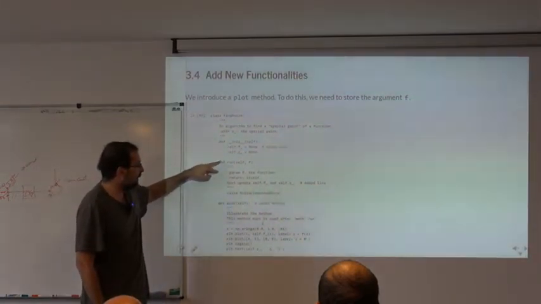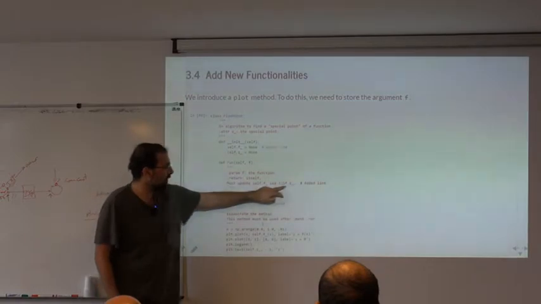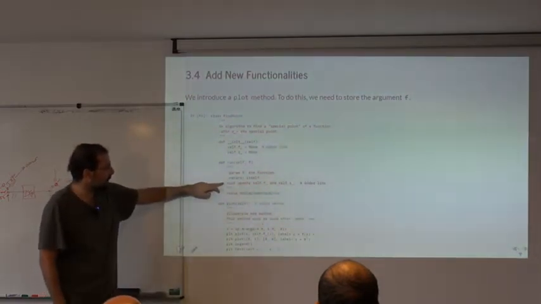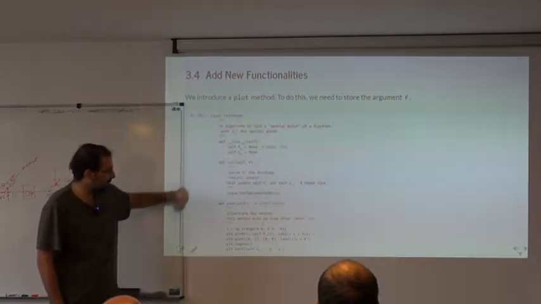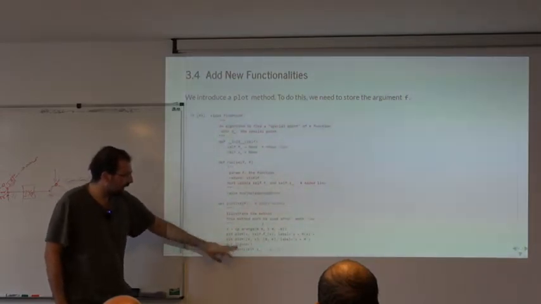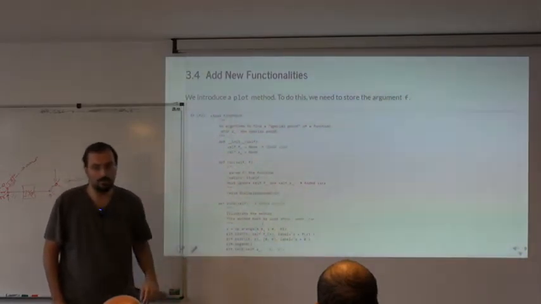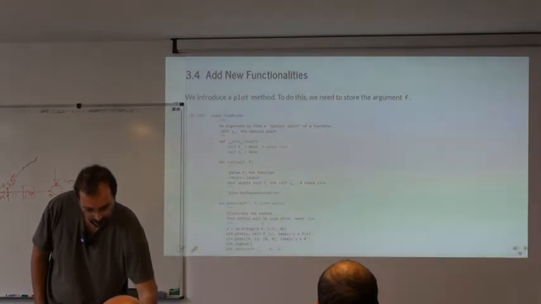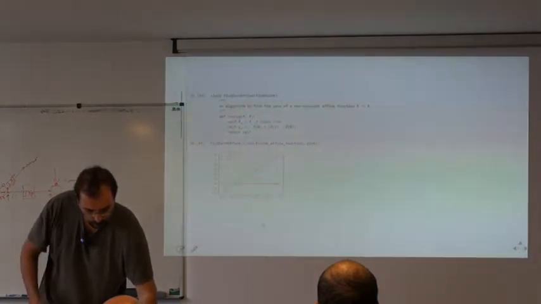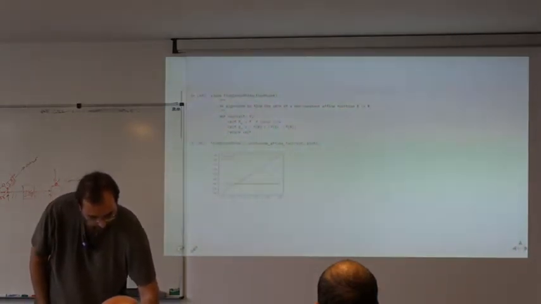Okay. So just a modification of the specification for the run. I declare f here, and here I can use f if I need it. Okay, and basically it works.